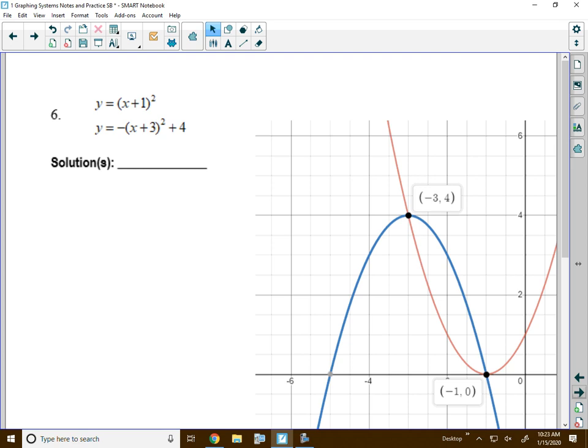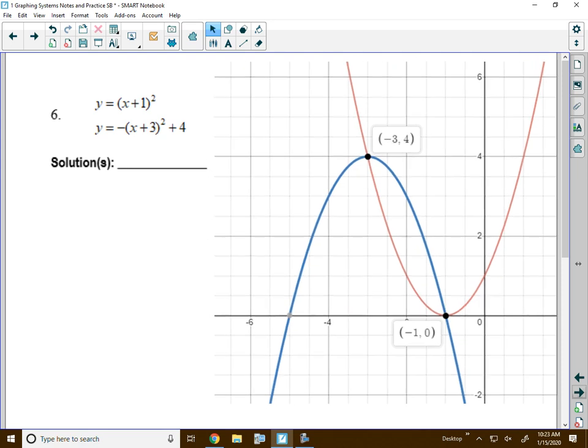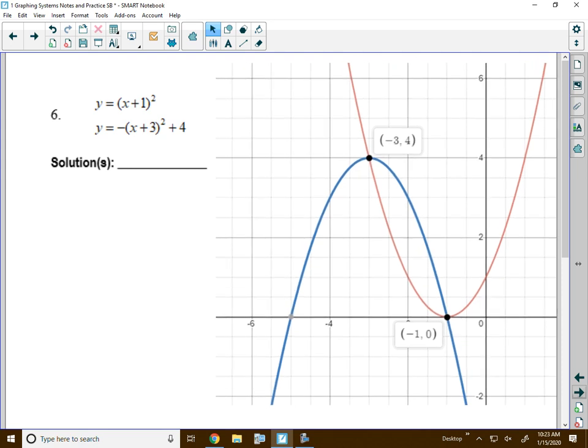Yeah, one's negative and one's positive, so one's going to point up, one's going to point down. So for this one, how many solutions are there? 2, right? They intersect here and here. So you would write both of them. So anytime there are double solutions, you got to write both.